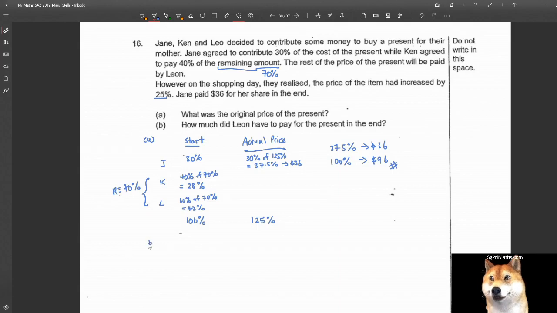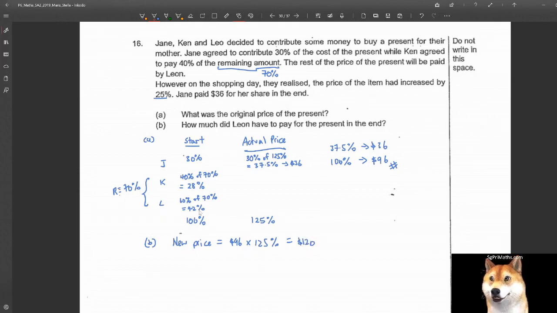Then B. How much did Leon have to pay for the present in the end? So the new price is $96 multiplied by 125% because of the increase of 25%. This gives us $120.